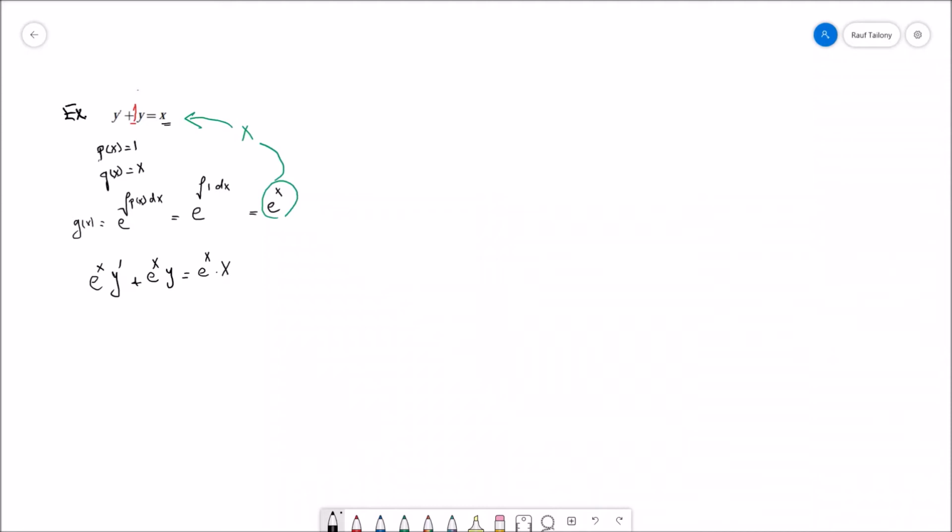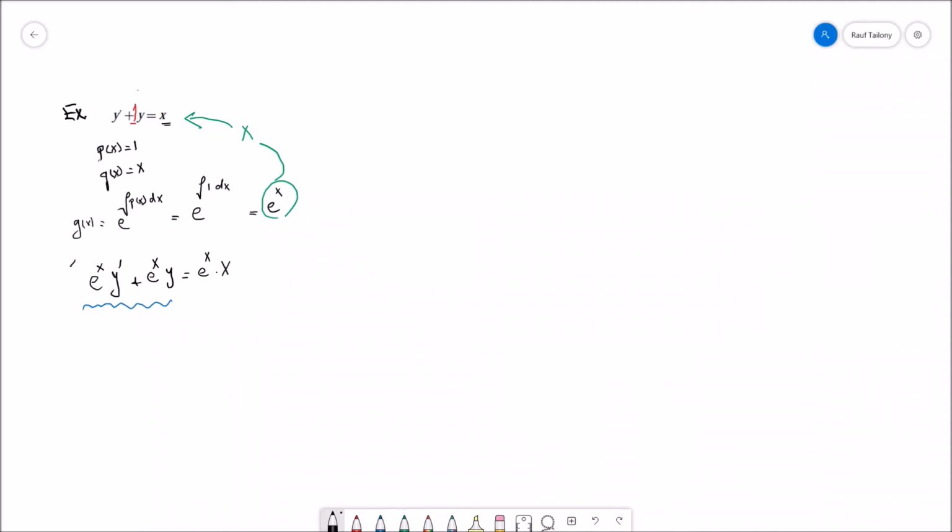Now, the next step, we need to identify the left side of the equation, which should be the result of a derivative of our integration factor multiplied by y.